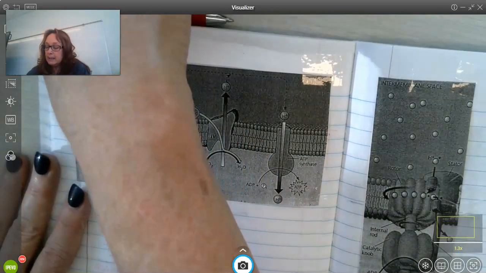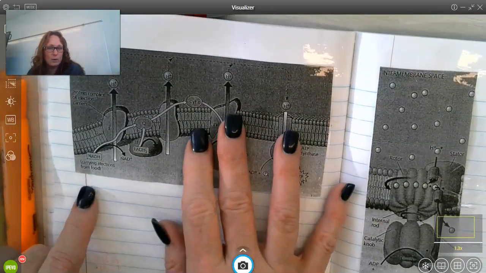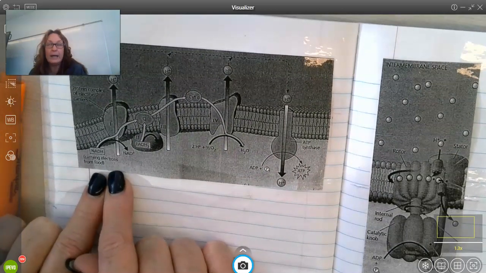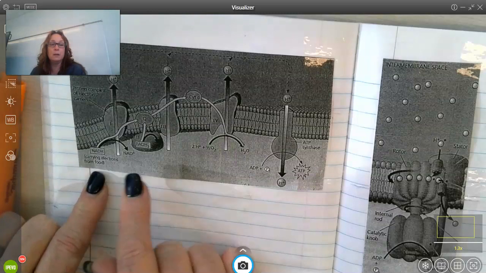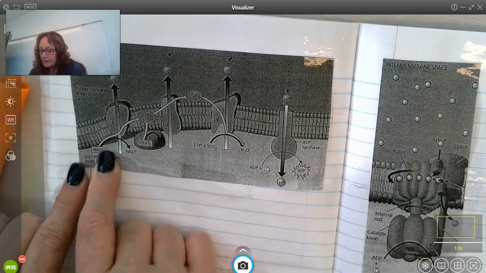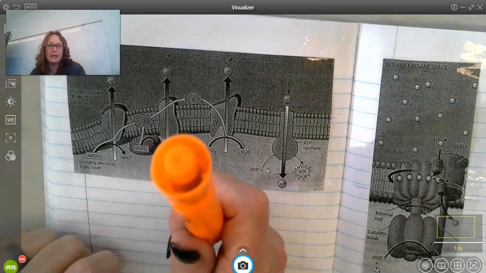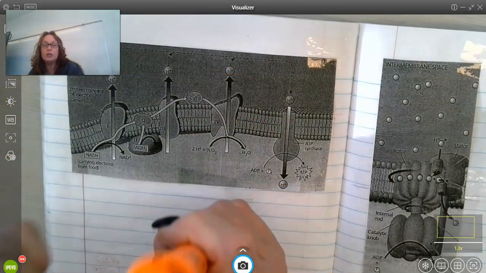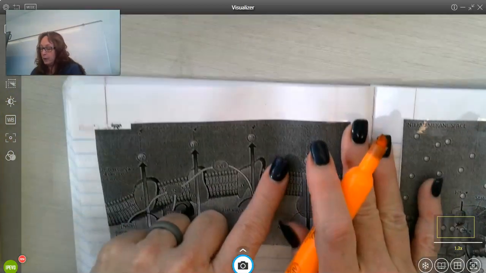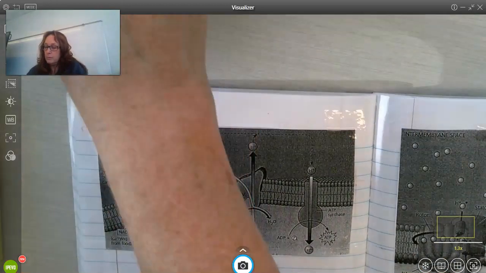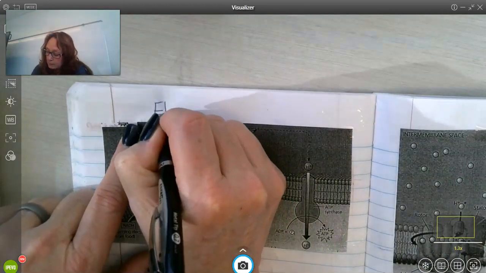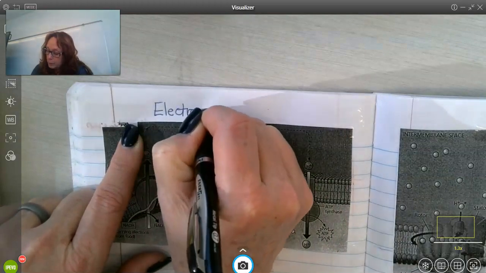We need to be better about using the words reduced, I gained electrons, oxidized, I lost electrons. So we're going to go through here and we're going to use a highlighter, and it doesn't matter obviously what color you use, but you need two. And I'm going to come over here and make myself a little key. So I do like to, up at the top, at least put what this is.